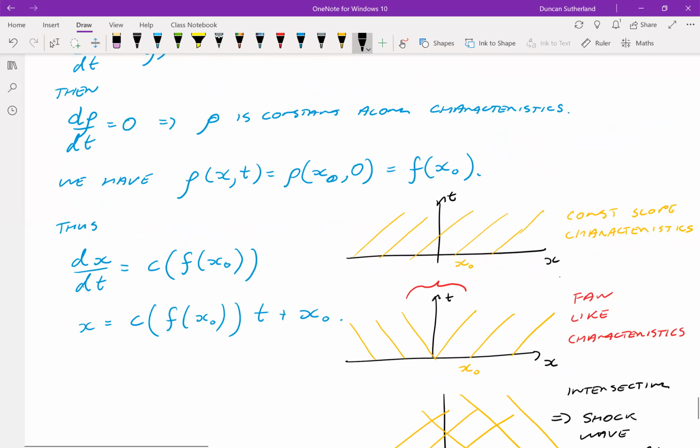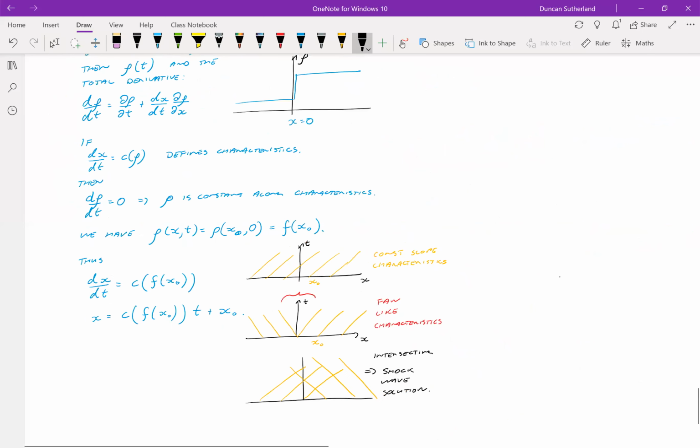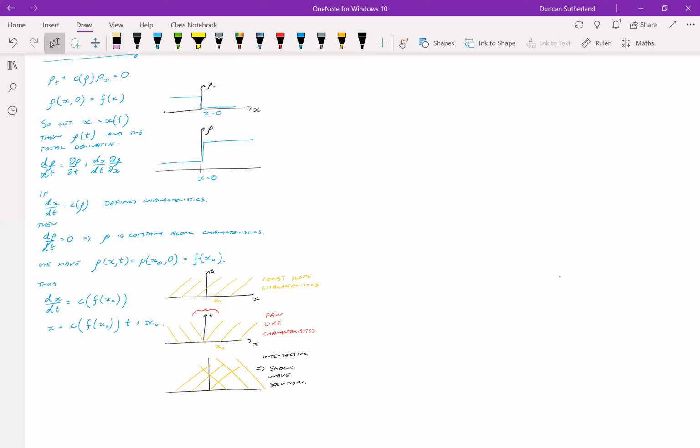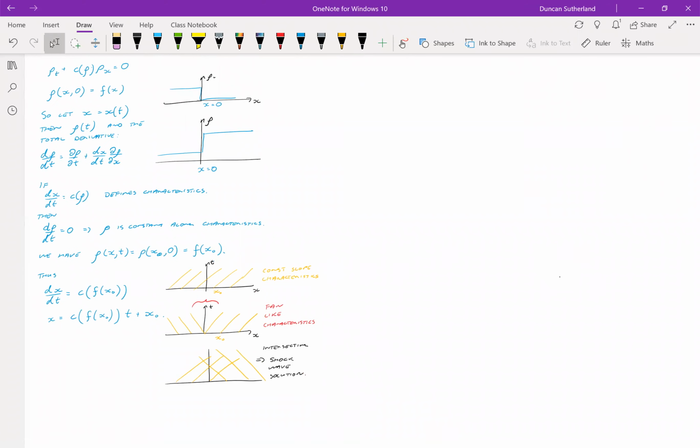However, that's a bit of a review of traffic modeling problems, and the types of behavior that you can get with the solution, depending on what that wave speed happens to be, and depending on your initial condition. So this, or this happens depending on how your wave speed and your initial condition interact to give you the slopes of your characteristics.